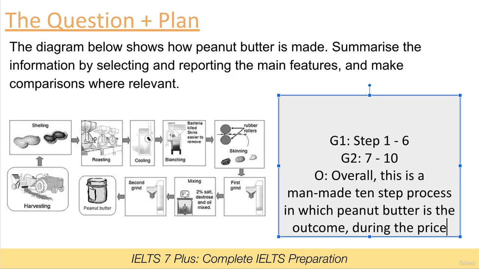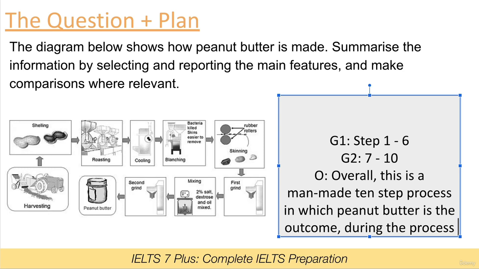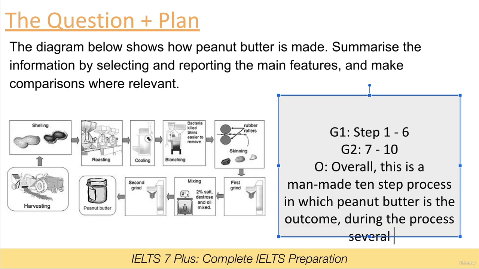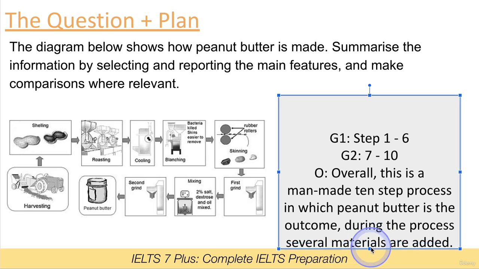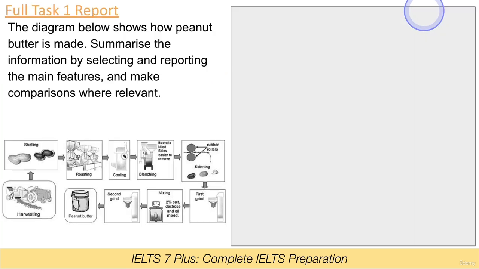During the process, several materials are added. There we go. Okay, so we've been asking ourselves those questions just to help with the overview here. Right, okay, so I think we can go to the write-up now.